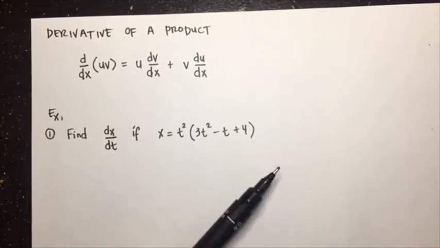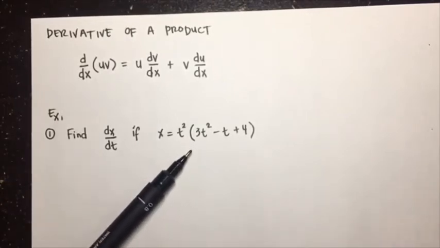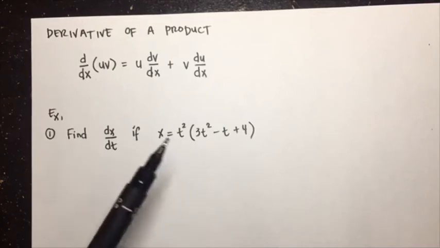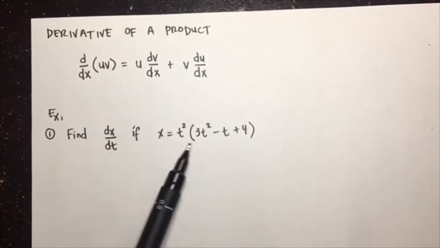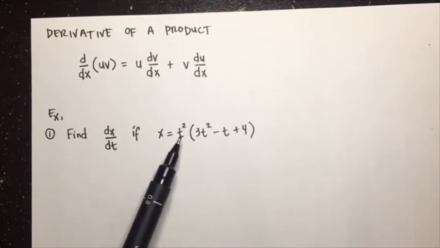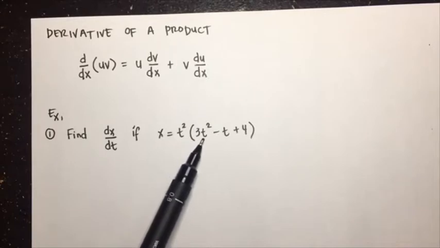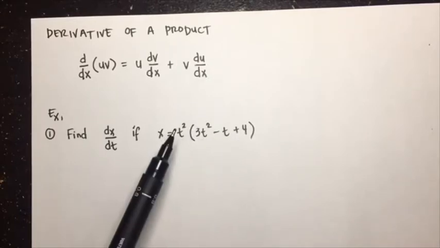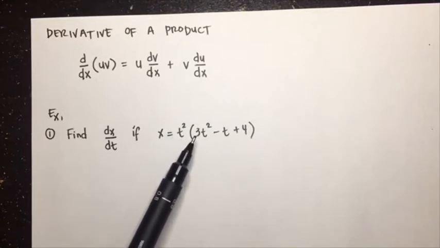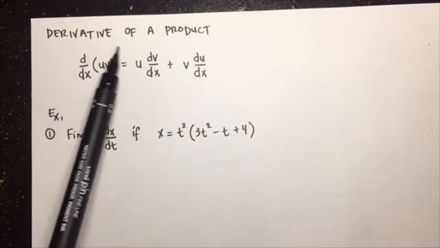Okay, so actually we can find its derivative using two methods. The first, which is the simplest for this problem, is to just distribute t squared to each of the terms and then derive each term. The second one is using the product rule.